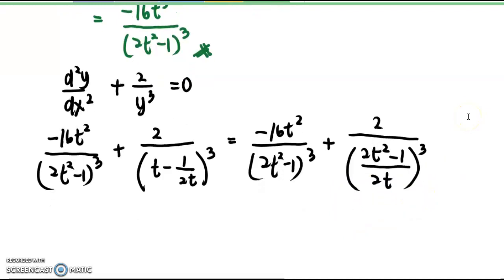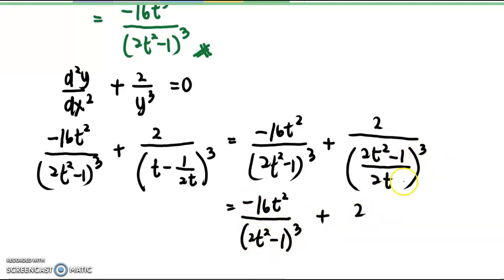Okay, simplify. The first one, we have negative 16t over 2t square minus 1 cubed plus 2. This one, cikgu bring up. Okay, cikgu jadi darab. So, kuasa 3 remain. So, 2t over 2t square minus 1. Okay, kuasa 3 cikgu boleh jadikan cube for the numerator, cube for the denominator.